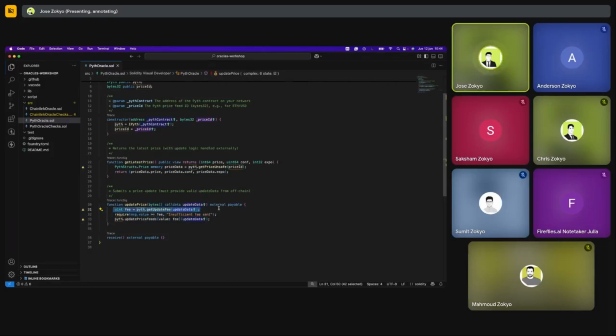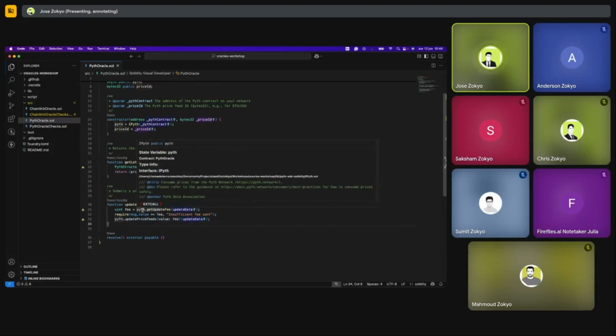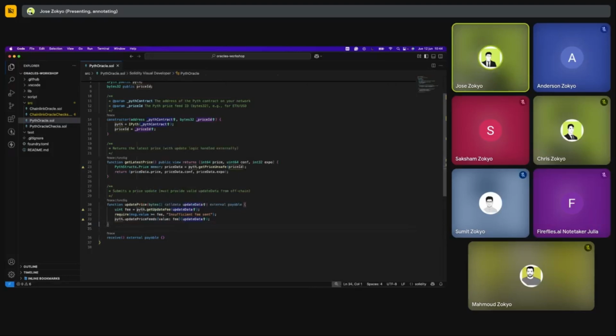So you should be thinking here that there could be a critical vulnerability: if this is external, anyone could be pushing any price, so you could be manipulating the price for Pyth. That's the common sense logic that you should be thinking, but that's not possible, because this update price feeds function and some other functions from Pyth check whether the data pushed by the user is correct and legit or not. How is this checked?